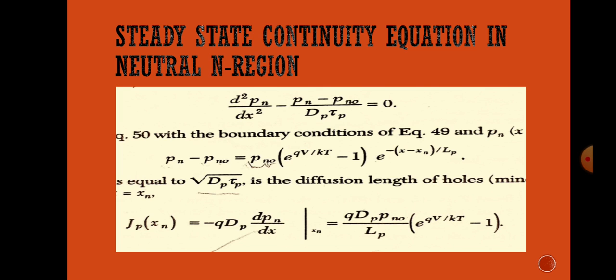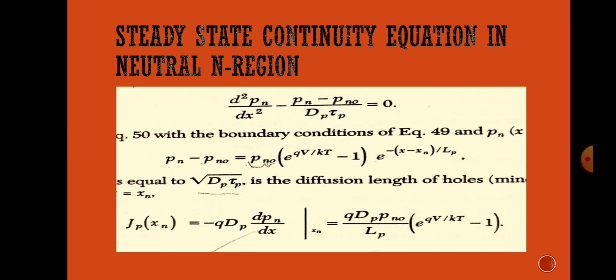At x equal to xn, Jp as a function of xn is equal to minus q Dp dpn by dx at x equal to xn. This will give us q Dp Pn0 divided by Lp (e to the power of qV by kT minus 1).